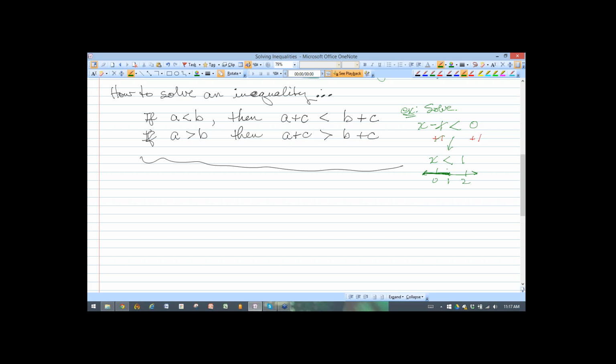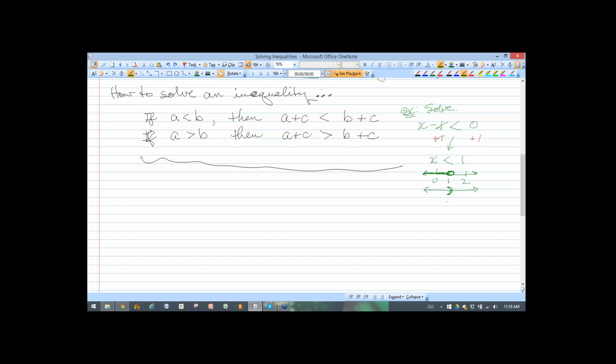So I want to exclude that endpoint by using an open parenthesis in that direction. The other way we would do that would be to use an open circle. So that's two ways to show it graphically, either a parenthesis or an open circle.